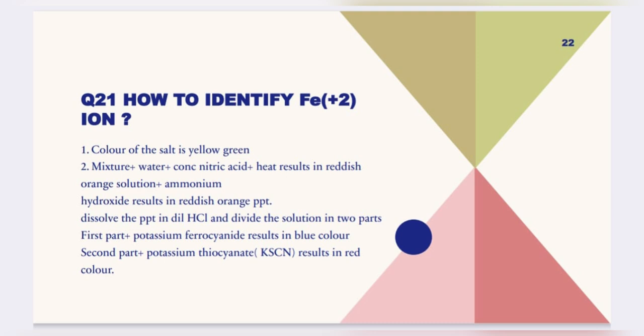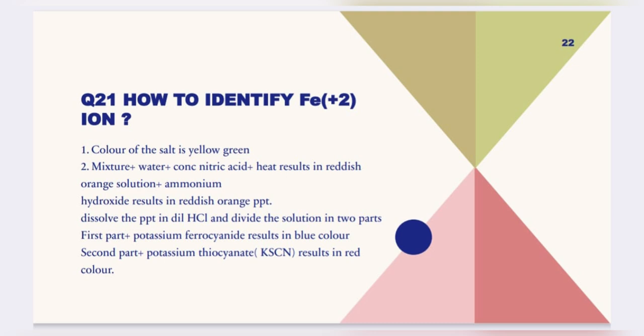Now see my dear friends, the most important thing is, these are actually confirmatory tests of ferric ions, Fe3 plus, because Fe3 plus is more stable than Fe2 plus. But in the result we are supposed to write what the mixture is made up of. In this test we have taken the mixture and water and nitric acid and heated it so that oxidation of Fe2 plus to Fe3 plus takes place.